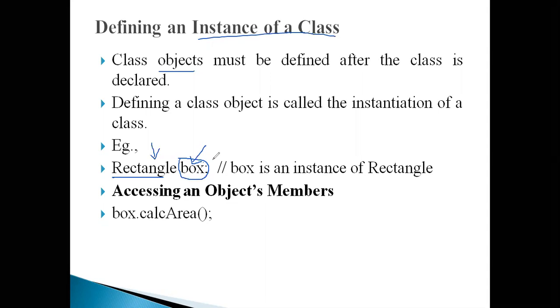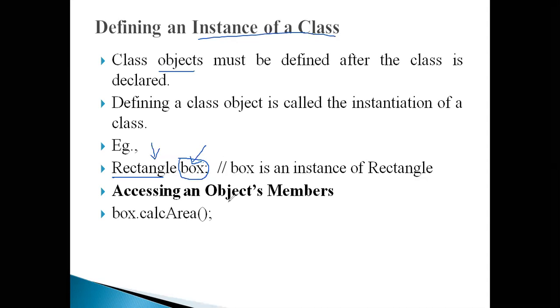Similarly, when you go to a theater to watch a movie, to enter into the theater, then definitely you have to purchase the tickets, movie tickets. The movie ticket is nothing but the object. With that object only you are entering into the movie theater. The ticket is the object which lets you enter into the theater to watch the movie. So this is what defines that an object is nothing but a real world entity.